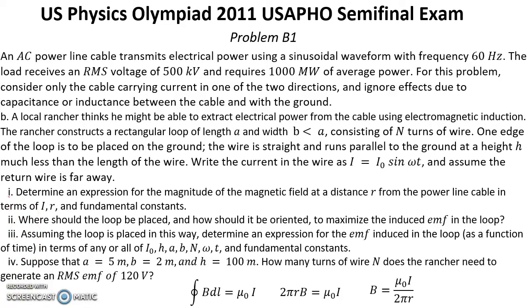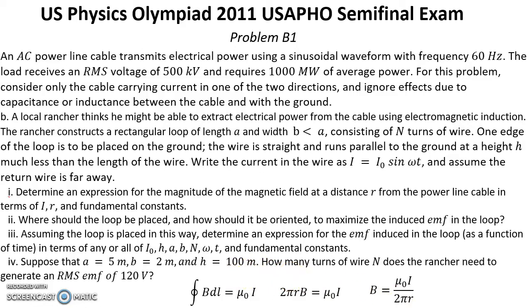Where should the loop be placed and how should it be oriented to maximize the induced EMF in the loop? The solution for this second question is obvious, because we have this expression for the magnetic field, so the total EMF will be larger when we put this loop directly below this wire, and the longest side of this loop must be oriented in the same direction as the wire.